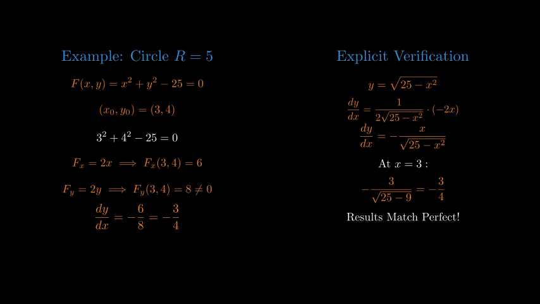Let us consider a second, more complex example involving 3 variables. Suppose we have an equation in 3 variables, x cubed plus y cubed plus z cubed minus 3 times x times y times z equals 0. We want to find the partial derivative of z with respect to x at the point (1, 1, 1).